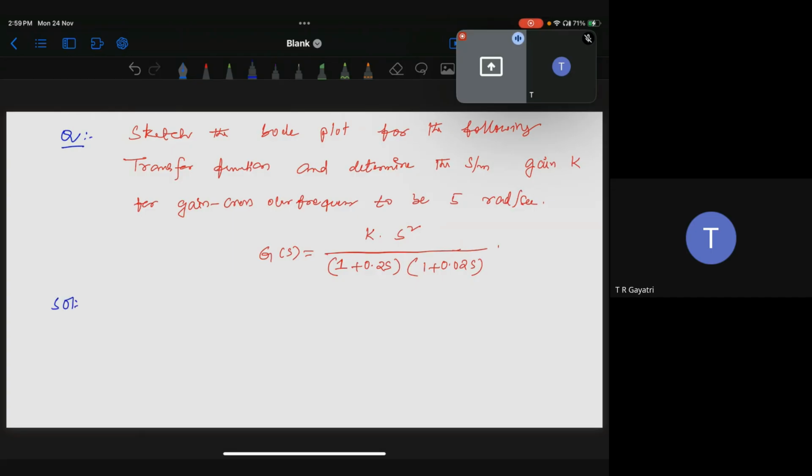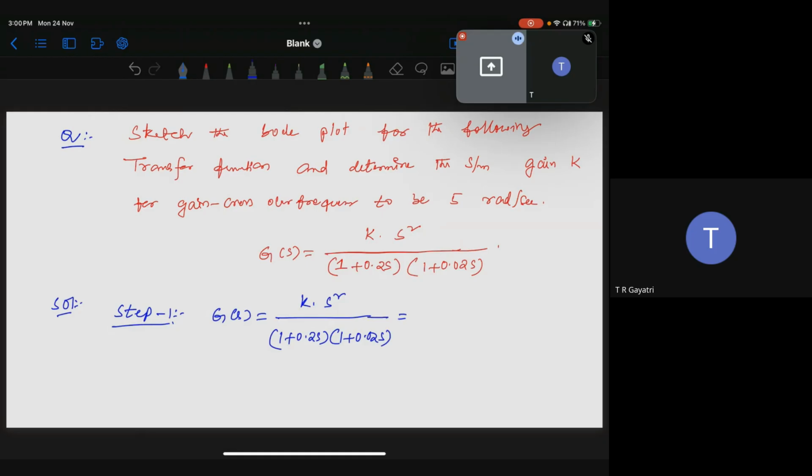Let us take the first step, drawing the Bode plot. As step one, let us write G of s as K s square by (1 plus 0.2 s) multiplied by (1 plus 0.02 s).